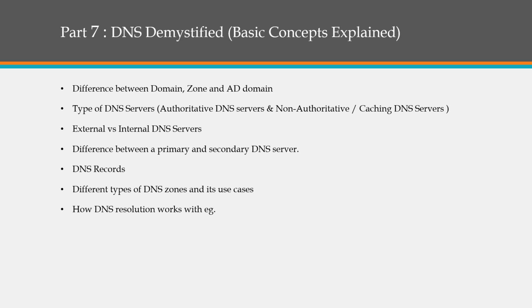Then we also looked into the different types of DNS records, and also different types of DNS zones, what their uses are, when these different zones need to be used, and what the purpose and advantage of each is. And finally we saw how a DNS resolution works with an example.